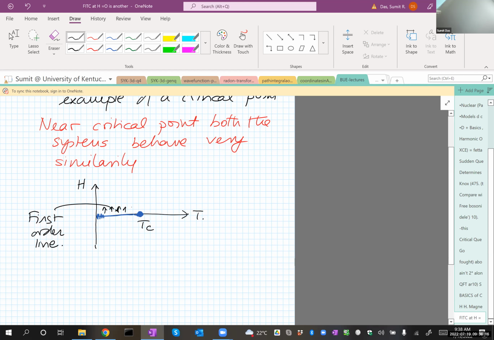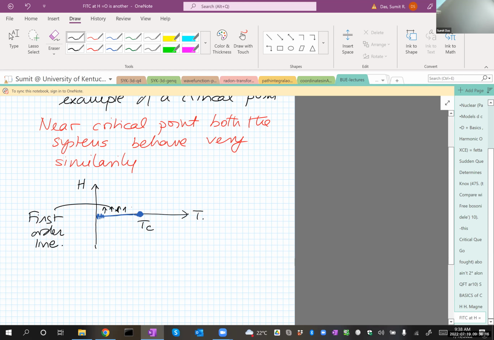So this is an ansatz. This is an assumption saying that, okay, I'll try to do this and I'll try to figure out whether I can describe the behavior near the critical point by a form of the free energy which looks like this. If I take a system at a finite temperature, thermodynamics tells you that I should minimize the free energy.